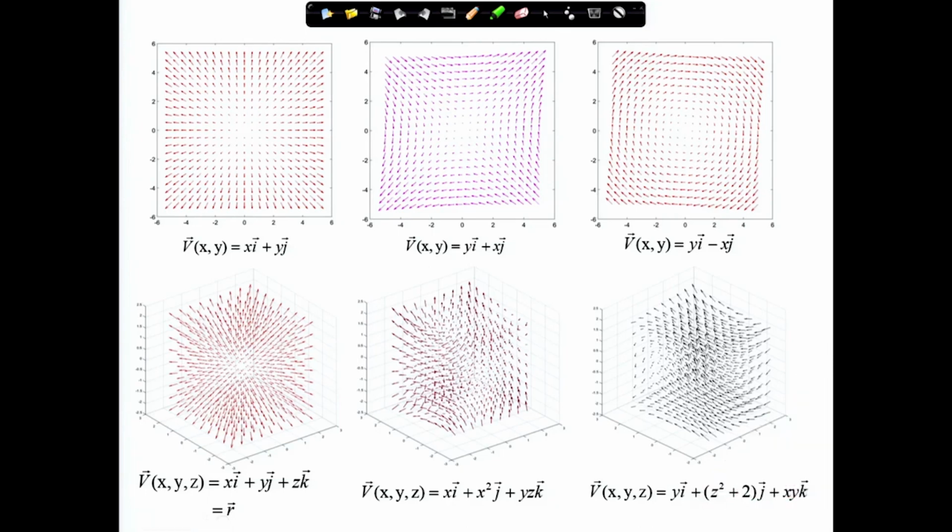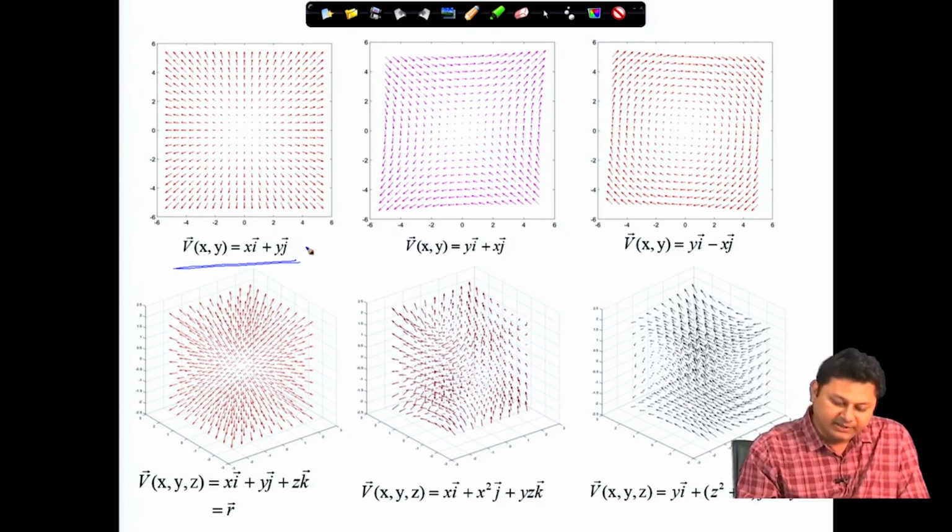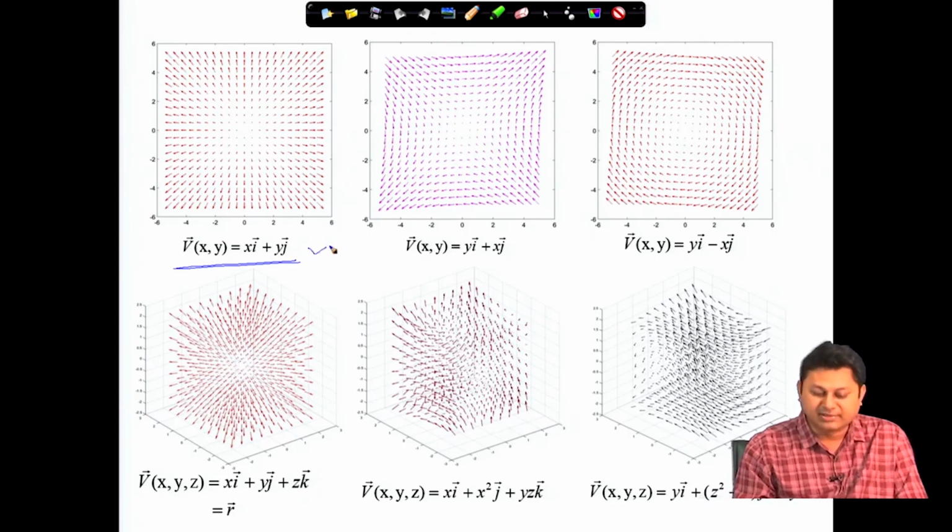In the upper panel you can see that I just plot in 2 dimensions the vector field, and below I just wrote down the expression of this vector field v(x, y), a function of x and y. If I add plus z k, then it should be r, but forget about the z component, and you can see how this vector field is spreading here. So obviously, we should have a divergence here, without doing anything we can say that.